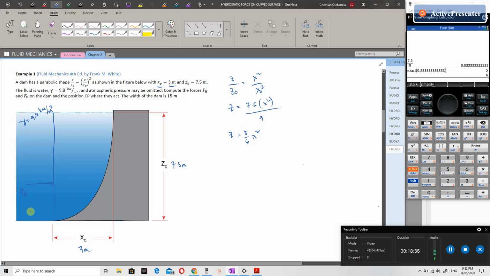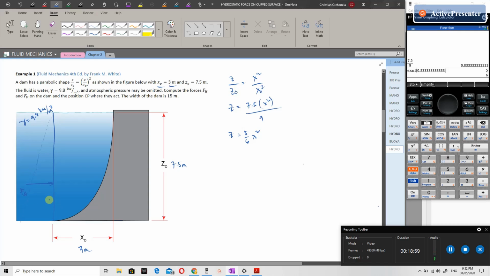Since the top of the area we are considering is just on the liquid surface, we know the pressure is zero here, and it increases linearly as we go deeper. So we can form a triangular pressure gradient.